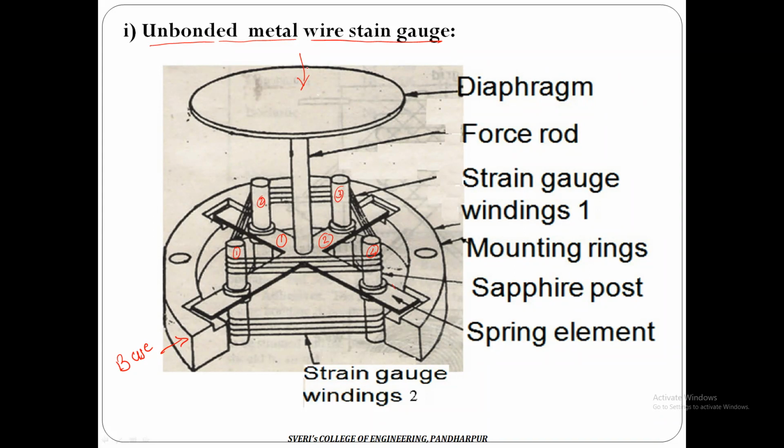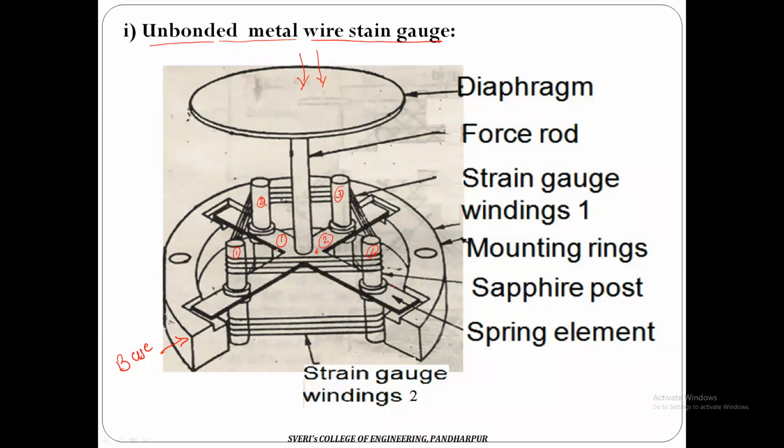Now have you noticed that when you stand on that diaphragm, this force will be accepted by these two plates, and when this force is accepted by these two plates, the wire wound on those 4 points will experience either compression or tension.